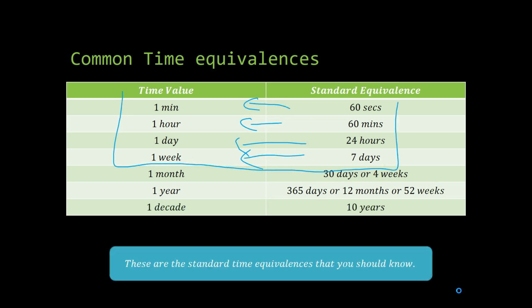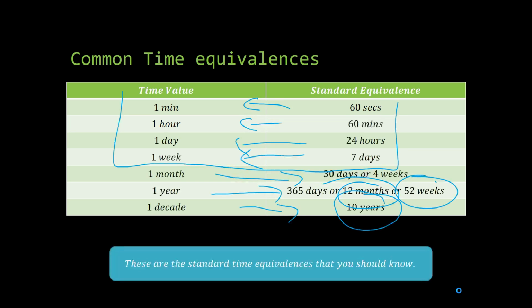The ones that we know, therefore, are these. Definitely, we're supposed to know these. In a standard month, we estimate that a standard month has 30 days. We estimate a standard year as 365 days or 12 months or 52 weeks, and a decade as 10 years.